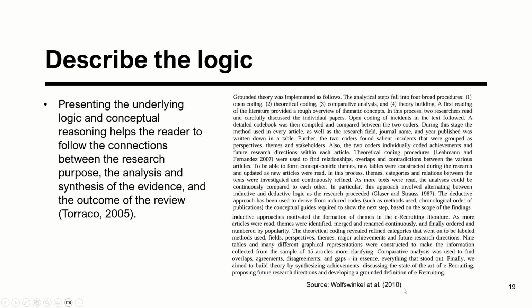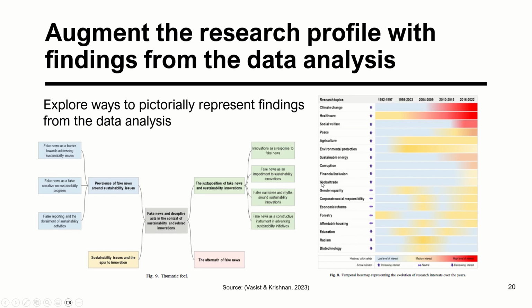If you look at this article from 2010, they've clearly called out that grounded theory was implemented in terms of the process steps, open theoretical coding, etc., and inductive approaches motivated the formation of themes. And how did they go about identifying the themes? So, presenting these findings in a very clear, methodical fashion will be very essential.